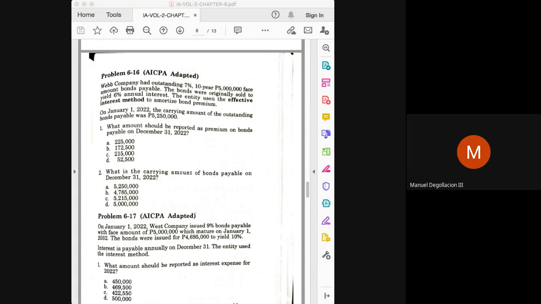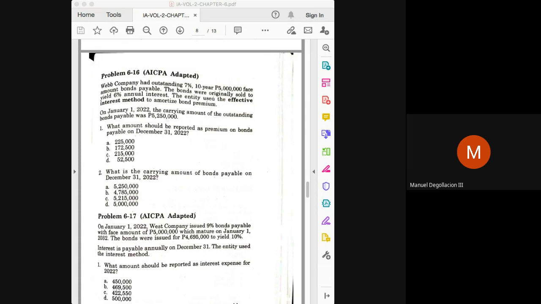So you multiply 5,250,000 by 6%, we would get 315,000. So the fixed interest payment is 350,000, and our interest expense is 315,000.